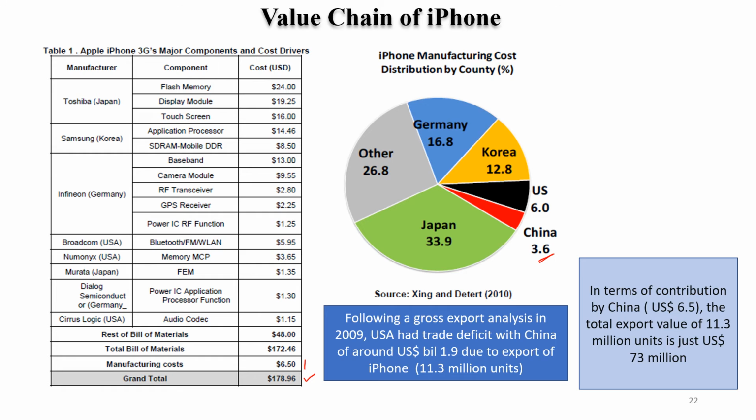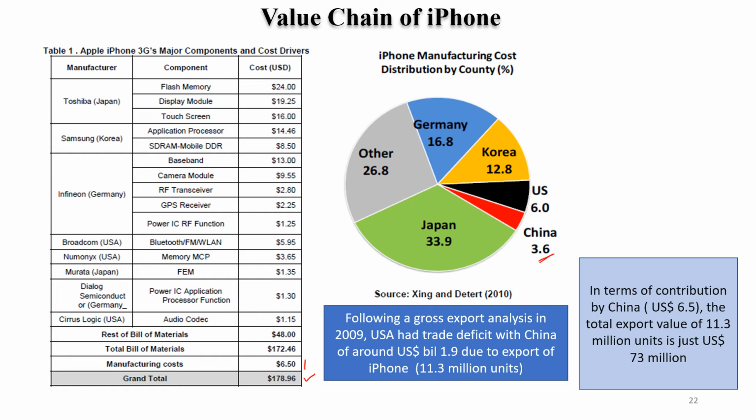In 2009, China exported 11.3 million units of iPhone to the USA. As a result, the USA had a trade deficit with China close to $2 billion, which is 0.8% of its trade deficit with China at that point of time. But if we calculate using the concept of trade in value added, China's contribution is only $6.5.